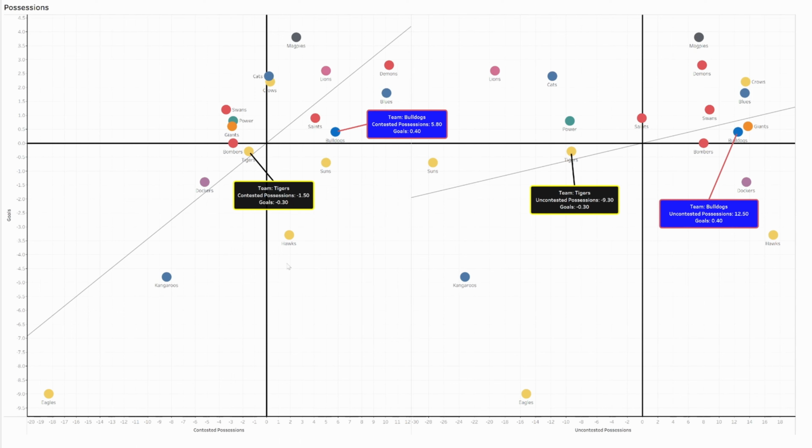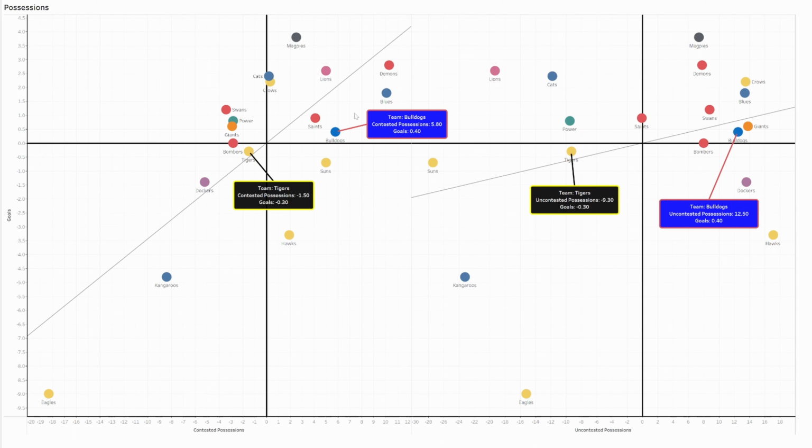As we can see, we've got the contested possessions on the left side here, this scatter plot, and the uncontested possessions on the right-hand scatter plot. Now, I like using the scatter plots because we can clearly see the trend lines, and when we're marking it against goals, we can clearly see who excels at contested possessions that leads to higher scoring or higher goals than their opponents.